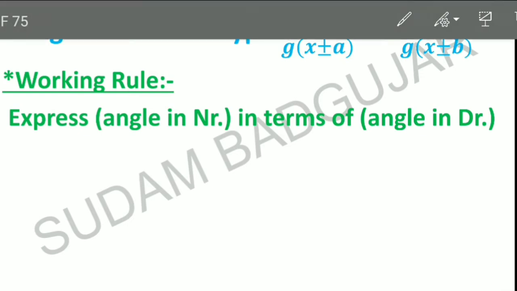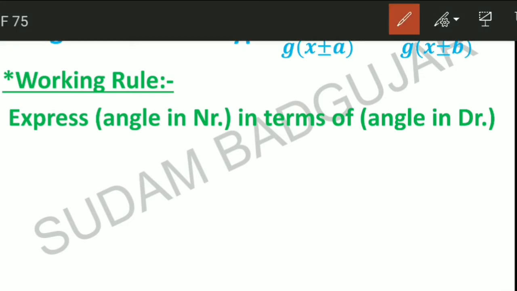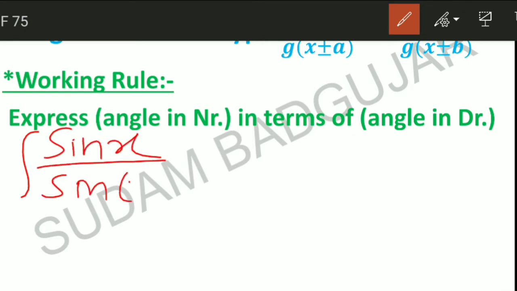See, I want to show you which type of integrations these are. See here, the integration of sine x upon sine of x plus or minus a, with respect to x.